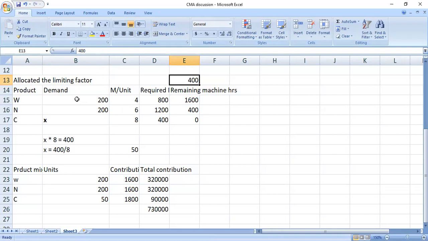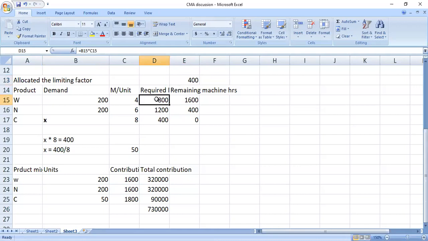What would happen is you would come to W, the first product, which has the highest profit. You have 200 as demand, but for the limiting factor you only have 400 hours available. If you're going to produce 200, you need 800 hours, so you can't. You only use the 400 that you have, and you work backwards.